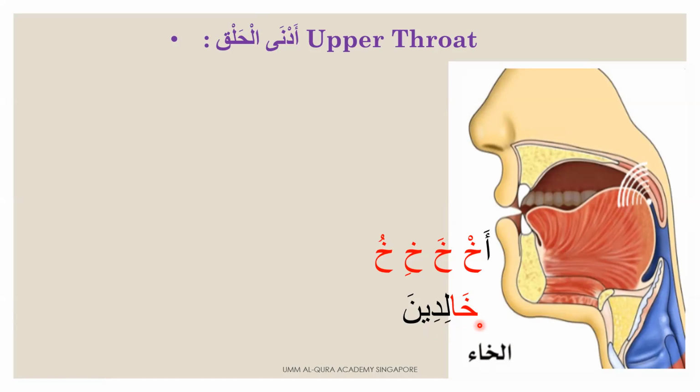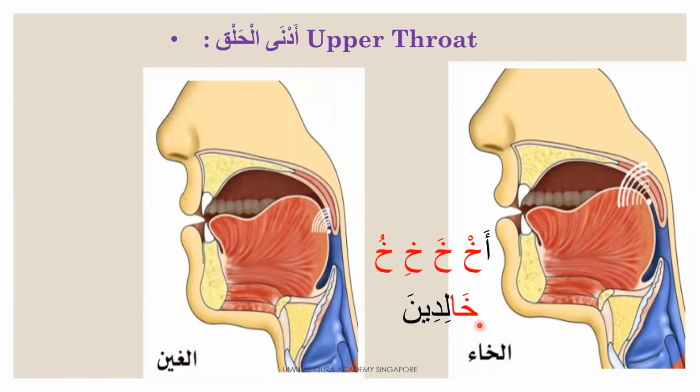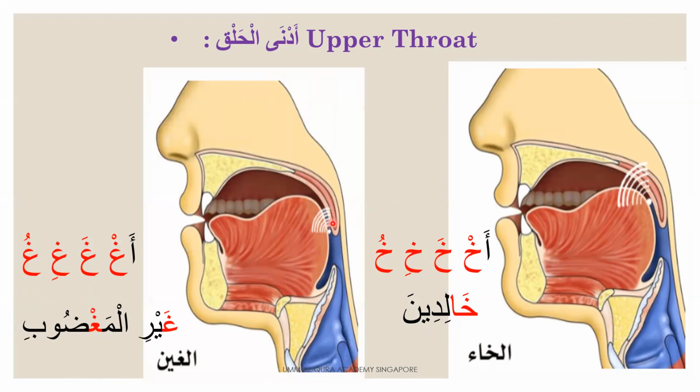The next letter is al-ghain. This is also from the top of the throat. The difference between this kha and this ghain is that kha has a sharp sound, whereas for al-ghain the sound is more blunt.